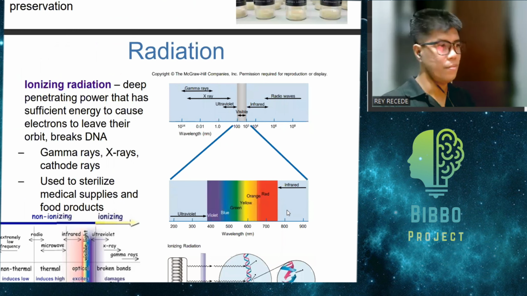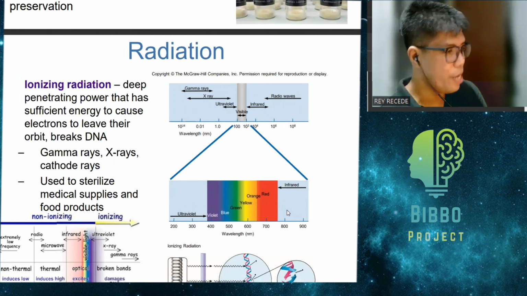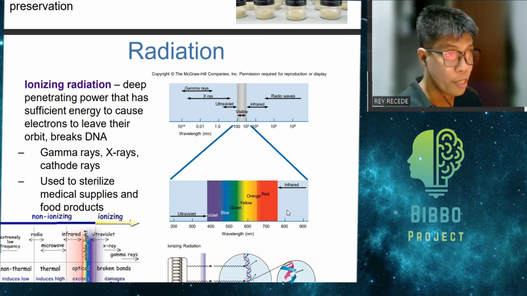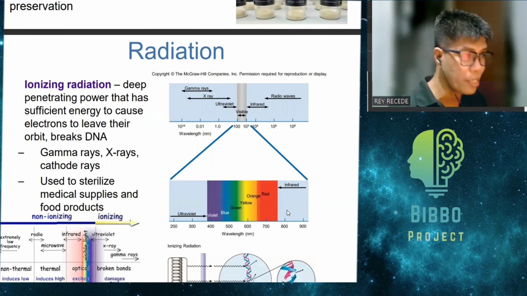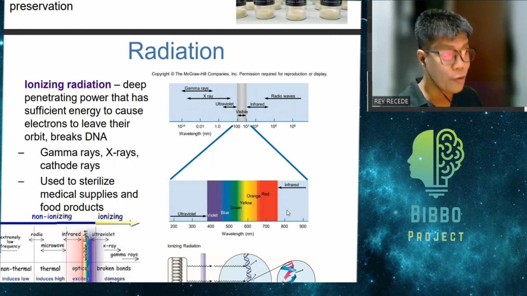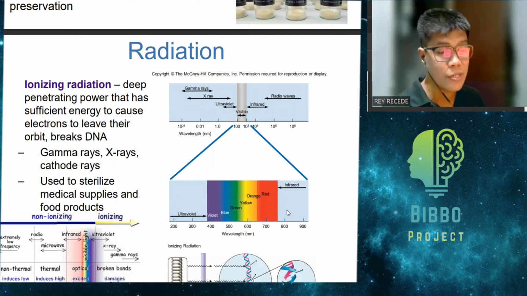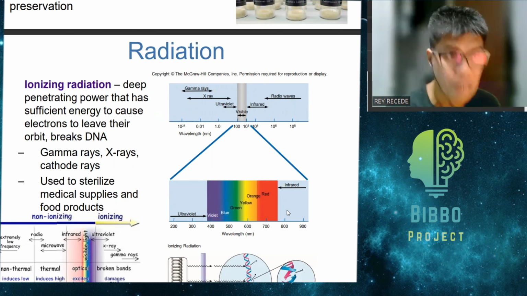Radiation is also included here. You have two types: ionizing and non-ionizing radiation. Ionizing radiation has deep penetrating power and sufficient energy to cause electrons to leave their orbit and break the DNA. So there is molecular disruption in this type of disinfection.